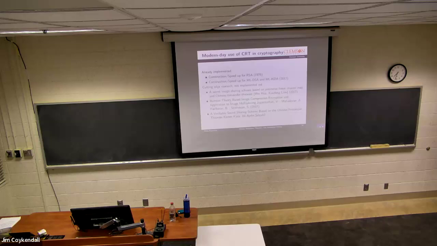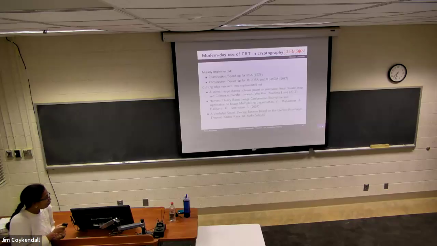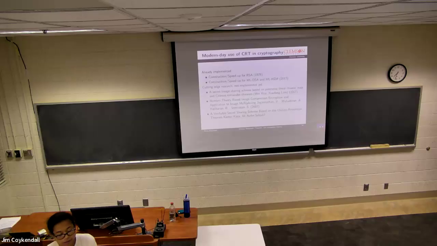We are going to see how cool the Chinese Remainder Theorem is and how it helps the implementation of RSA. The second is the construction and speed up of ML-DSA and ML-KEM. Those algorithms were published in 2017, and they were standardized in 2024 by NIST in their effort to standardize post-quantum algorithms.